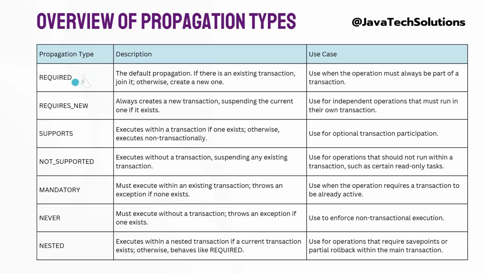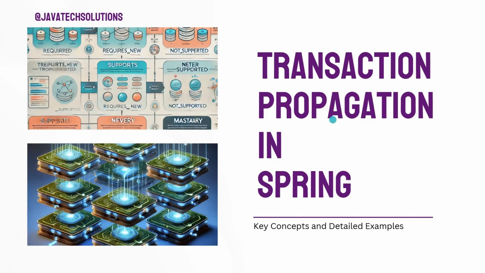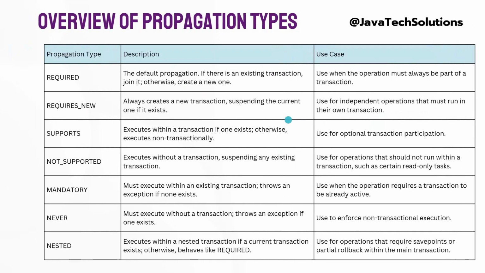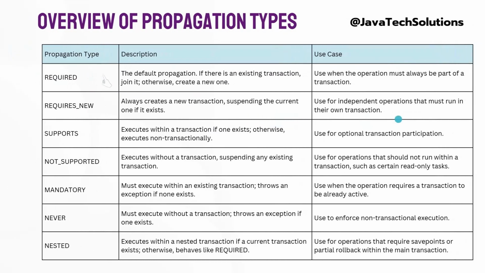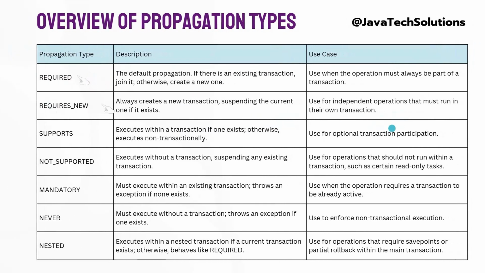So here you see: required, then required new, supports, then not supported, mandatory, never, and nested. These are the 7 propagation types that we are going to use.